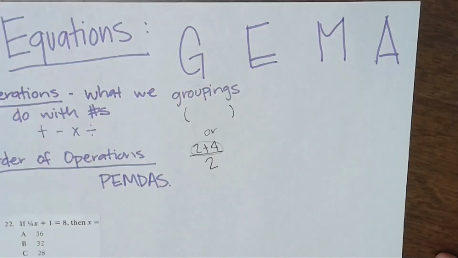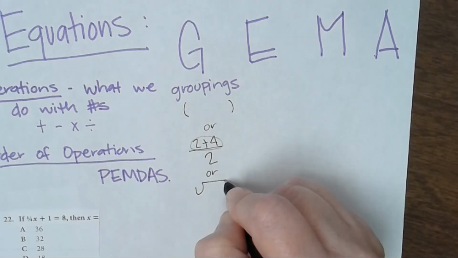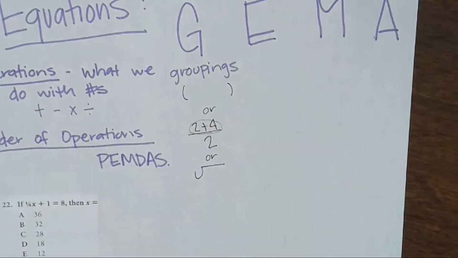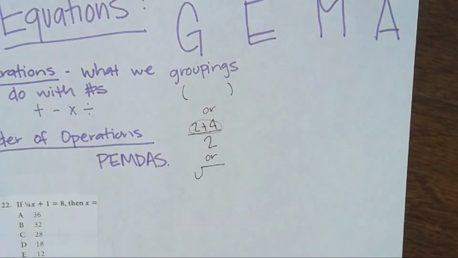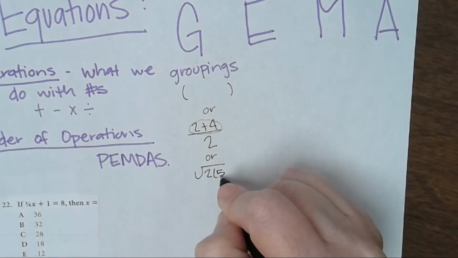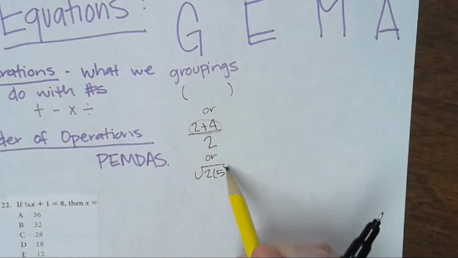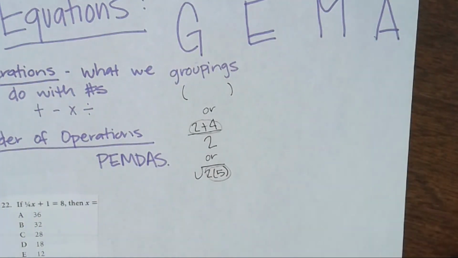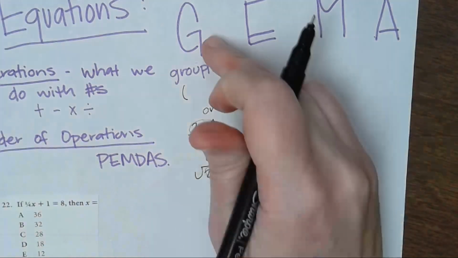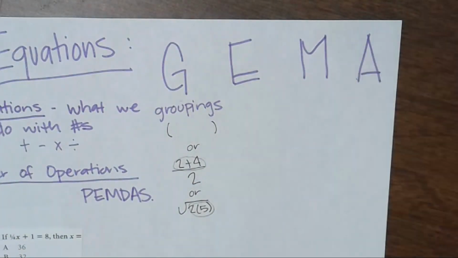A few other things, you may see a square root symbol, and just a note that is called the radical symbol. And inside that you may see a grouping, 2 times 5. That part under the square root symbol would be a grouping as well.